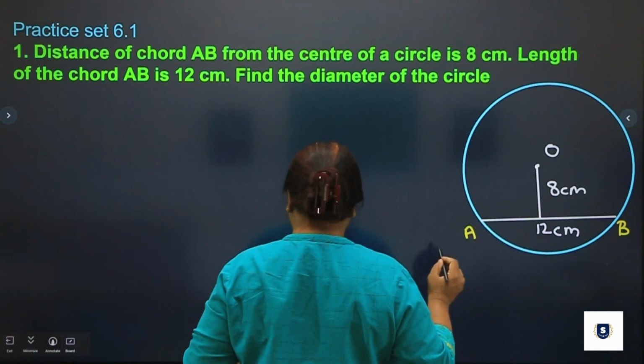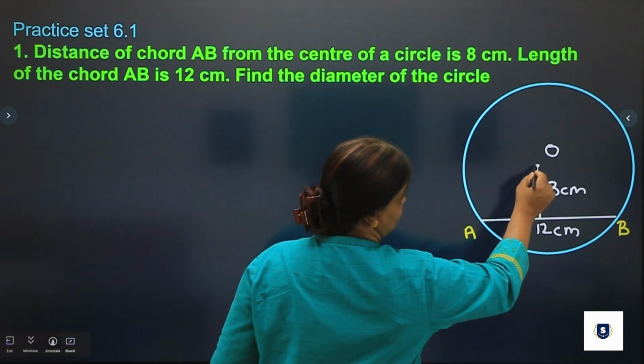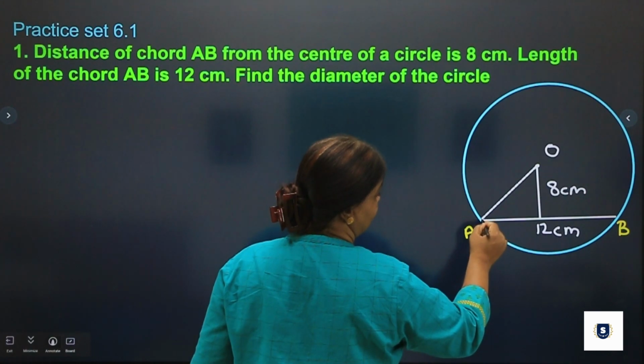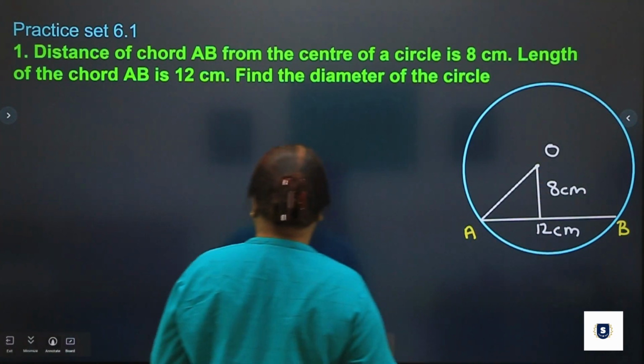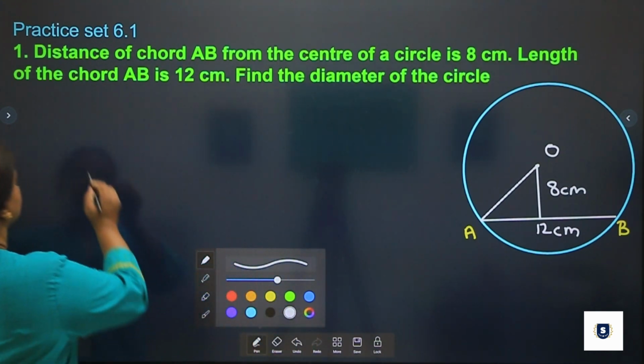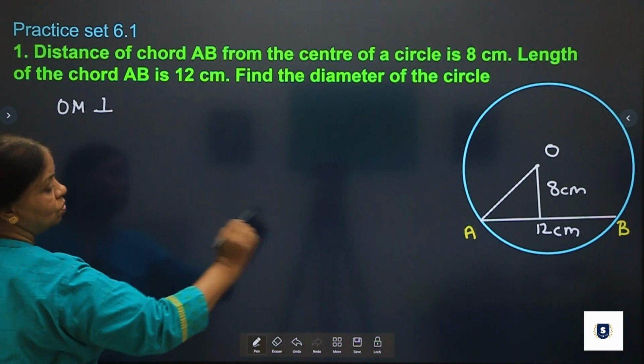We can find the radius, children, and the radius doubled will be the diameter. So we know that OM is perpendicular to AB.